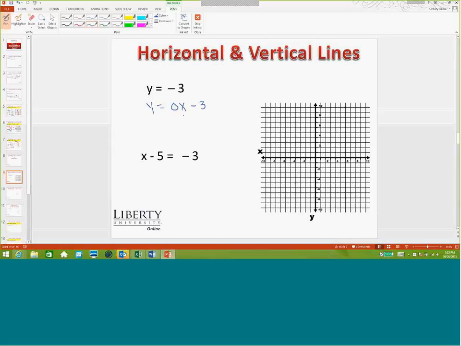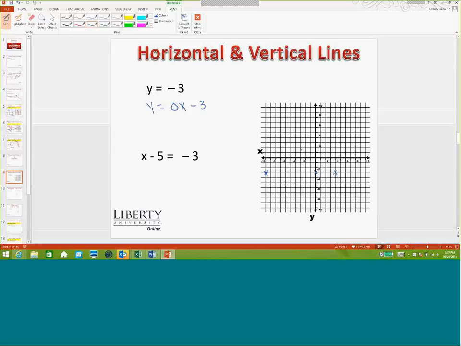So it doesn't matter what value you would put in place of x, y is always going to be -3. So x could be 4 and y is still going to be -3. X could be -10 and y is still going to be -3. Why? Because with 0 x's, 0 times any number is 0.